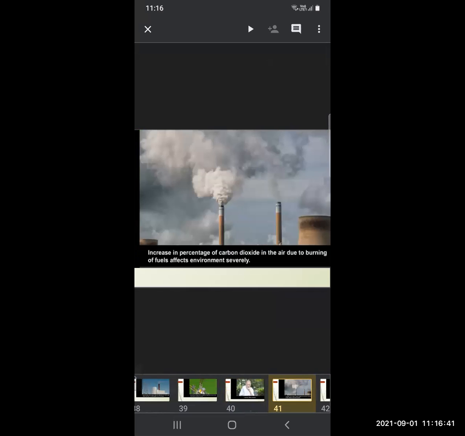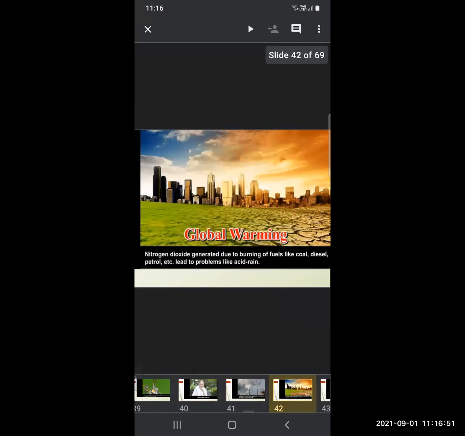Increase in the percentage of carbon dioxide in the air due to burning of fuels affects the environment severely, and this is the reason for global warming.